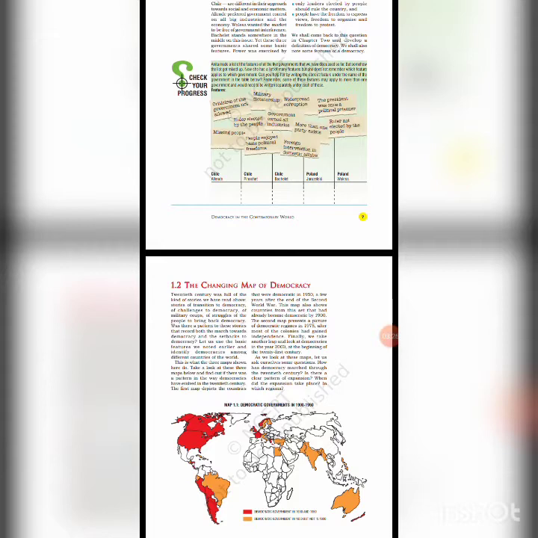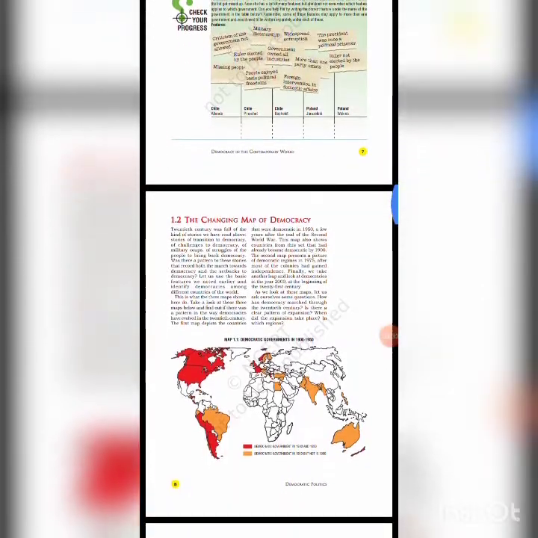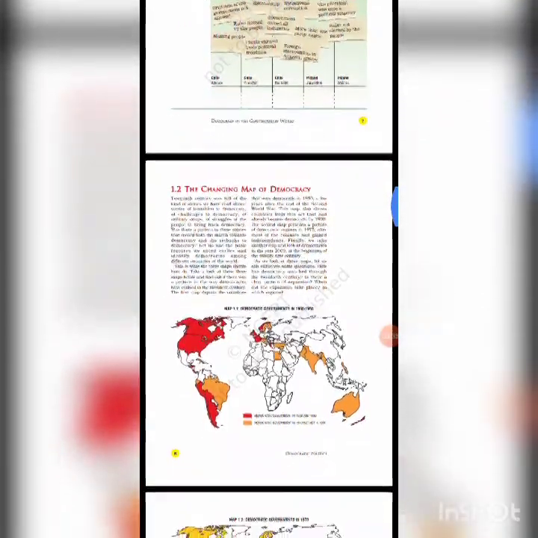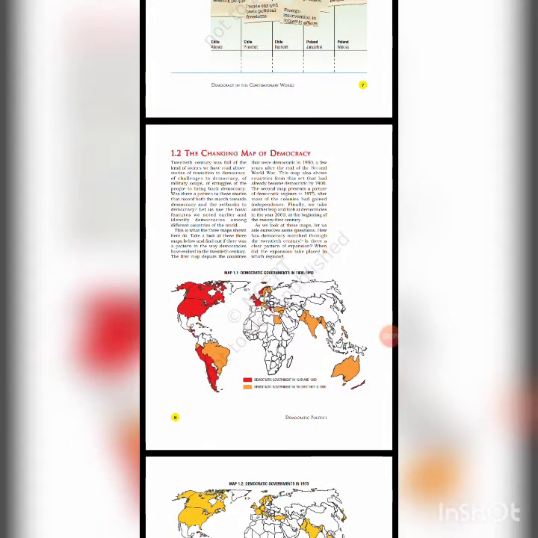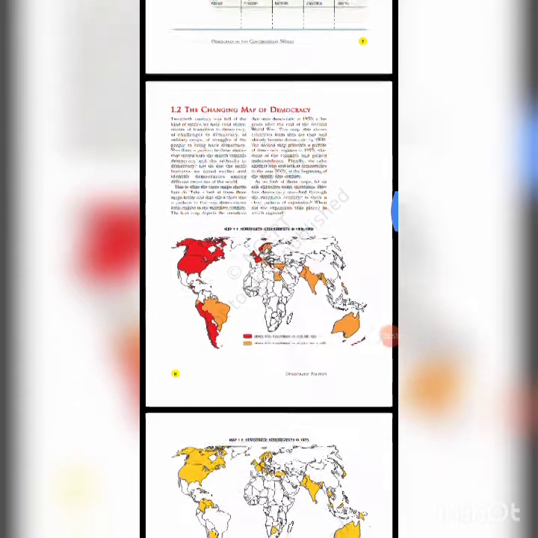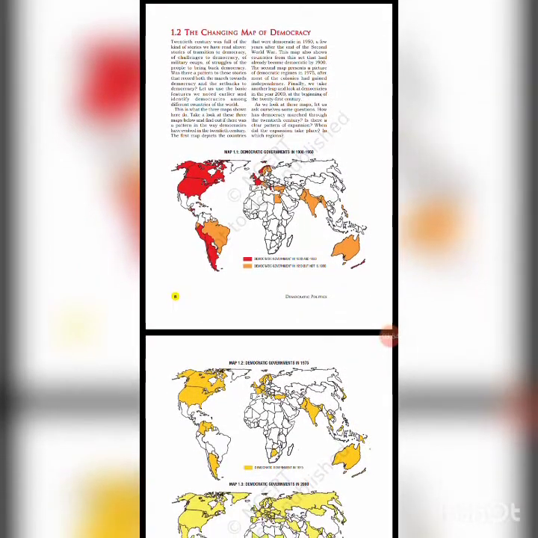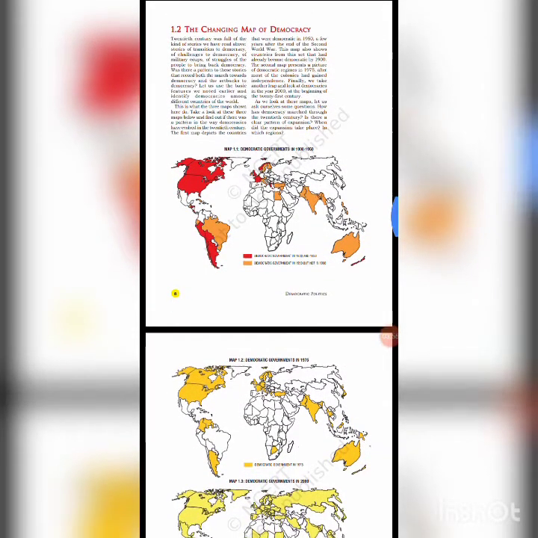In the phases of expansion of democracy, people are able to elect their own leaders to form a particular government, and they also have different freedoms such as freedom of speech, freedom to express their views, freedom to protest, and most other things should be in favor of the people.